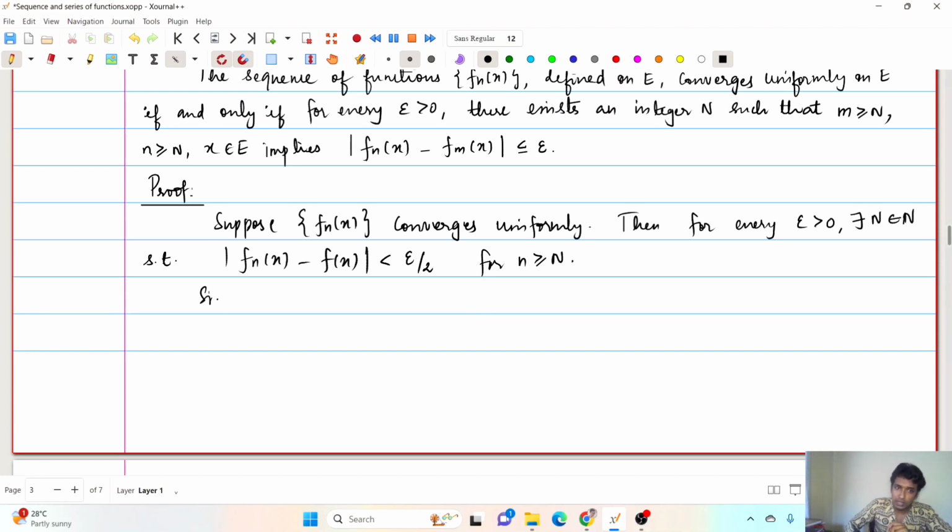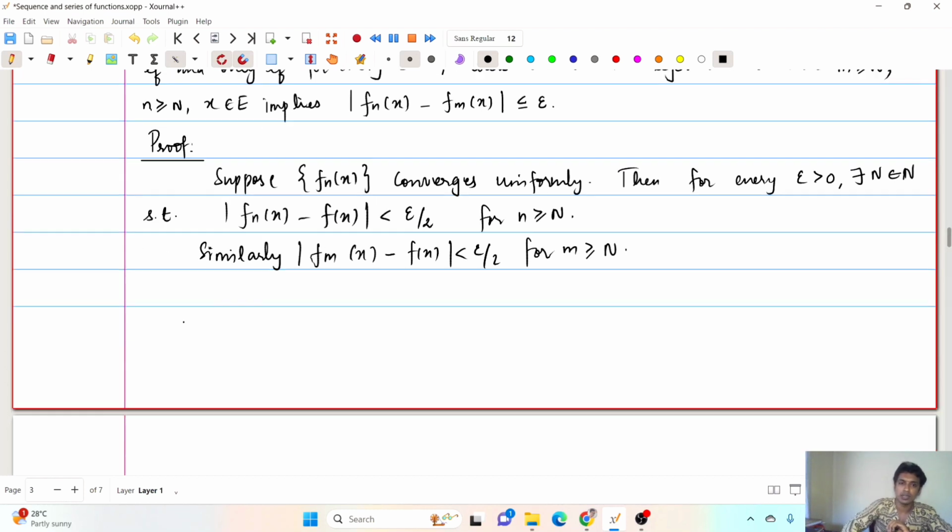Similarly, we get absolute of fm of x minus f of x is less than epsilon upon 2 for m bigger than or equal to N.